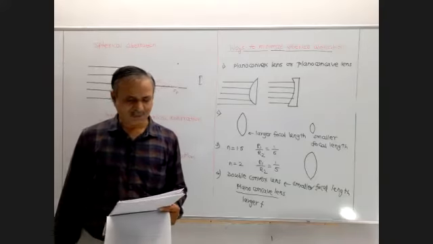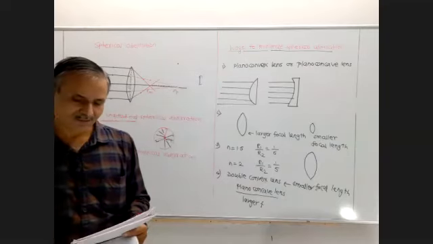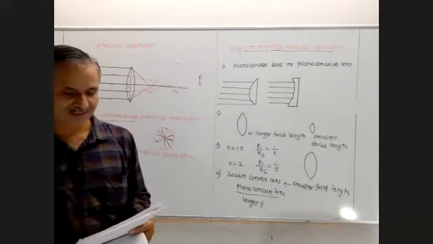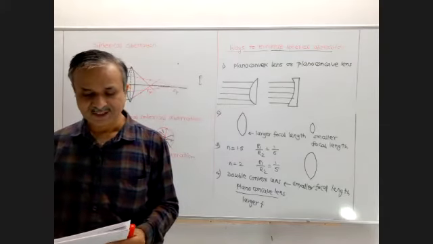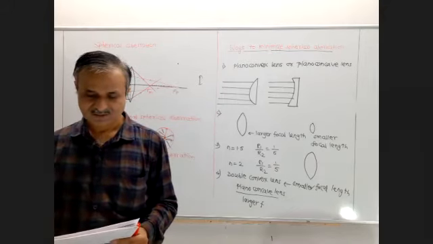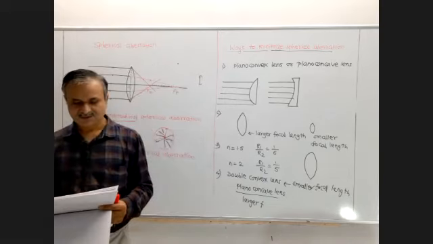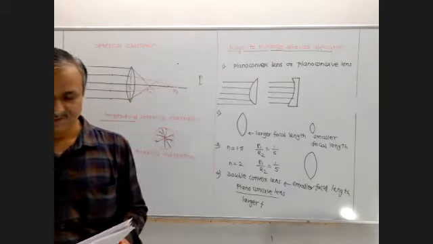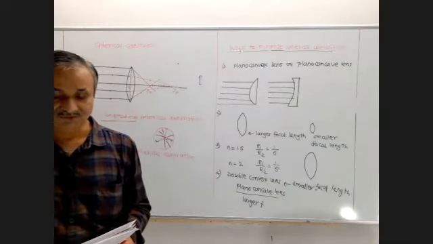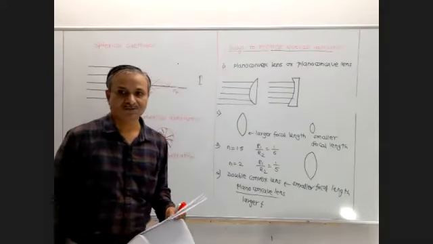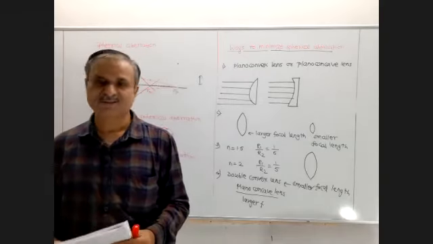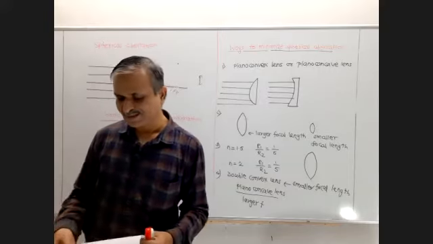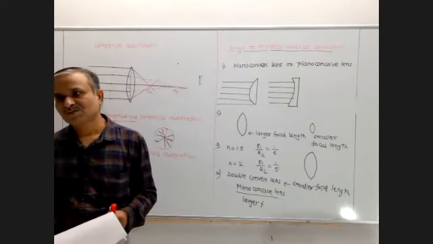Third point, by using two thin convex lenses separated by a distance equal to their focal length, with the lens of larger focal length facing the incident ray.